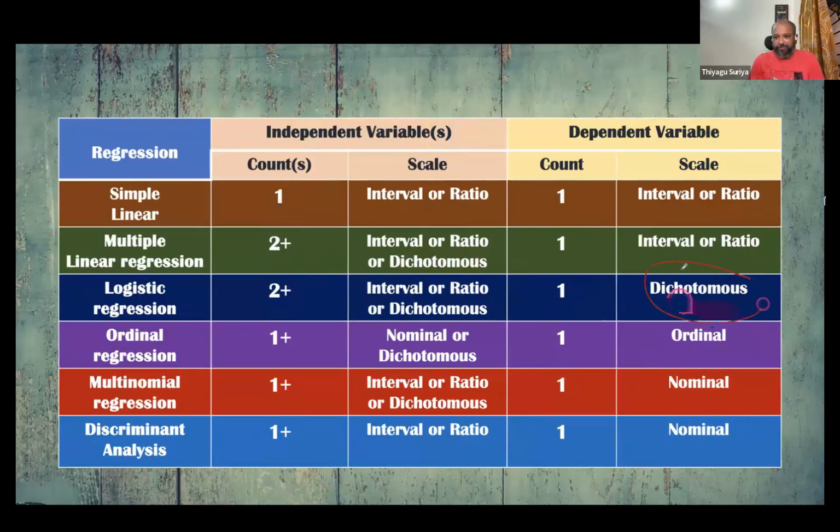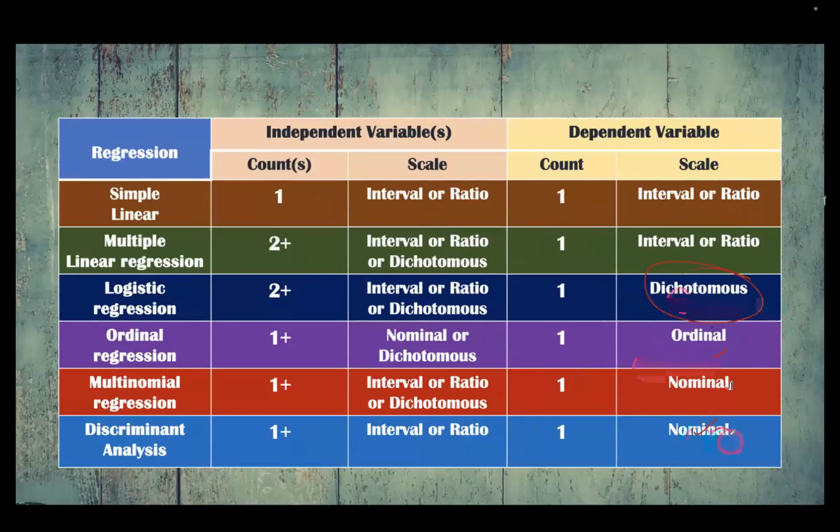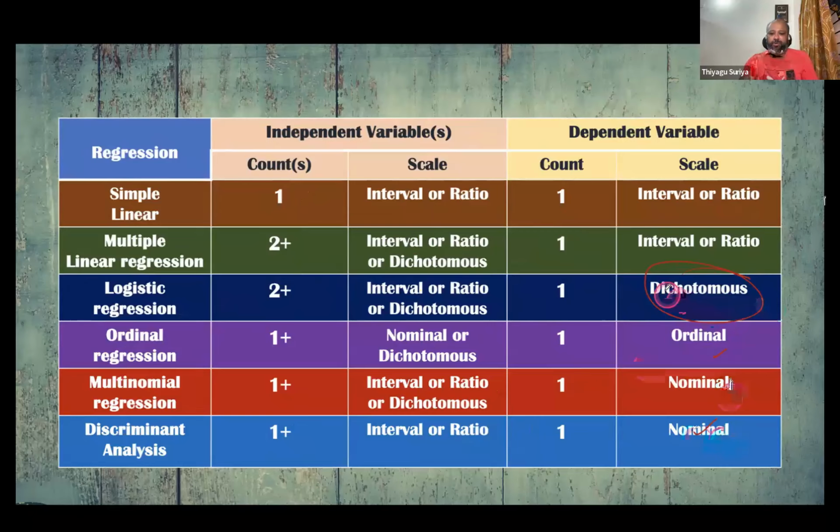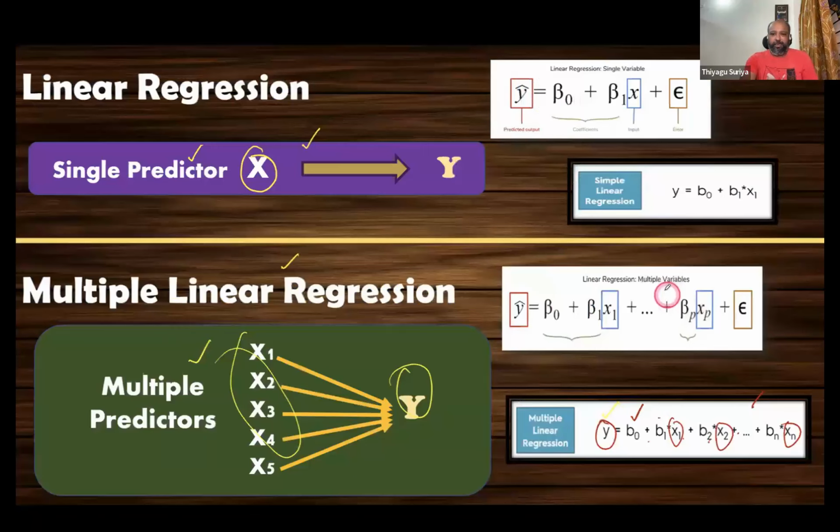Why? You can easily find that. What is the dependent variable? The dependent variable is categorical in nature. Therefore, ordinal regression is categorical, multinomial is categorical, and discriminant is also categorical. Therefore, other than simple linear and multiple linear, the rest are non-parametric. Hope you are getting this.